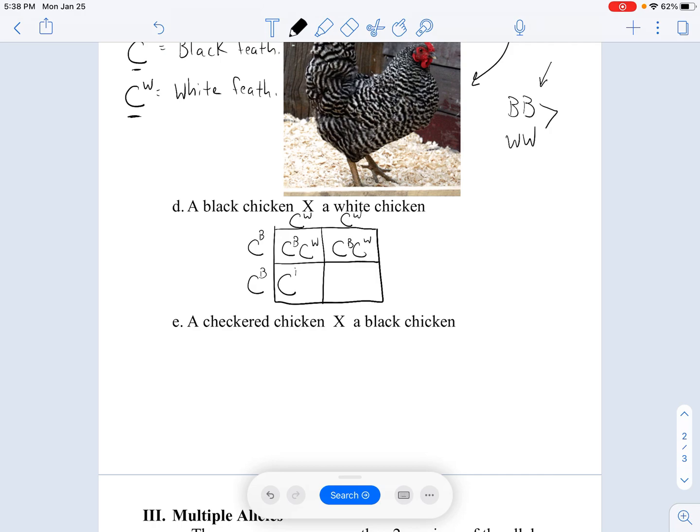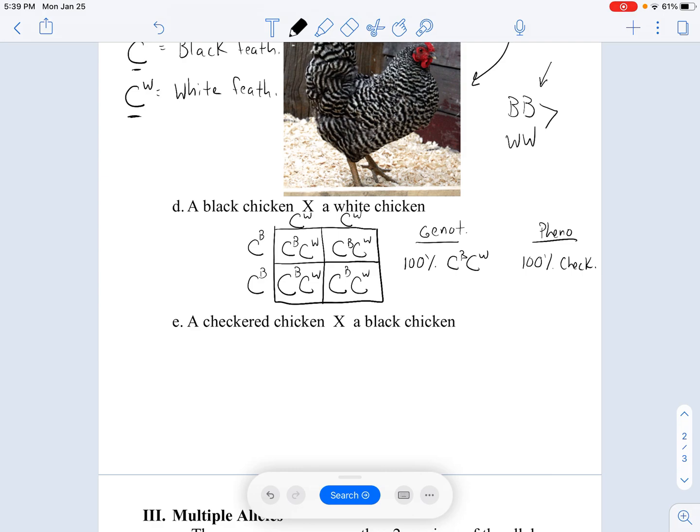I'm actually listing the alleles in alphabetical order, so I'm putting the B before the W. If we were to do genotype, we would get 100% C^B C^W. And if we did phenotype, we would do 100% checkered.